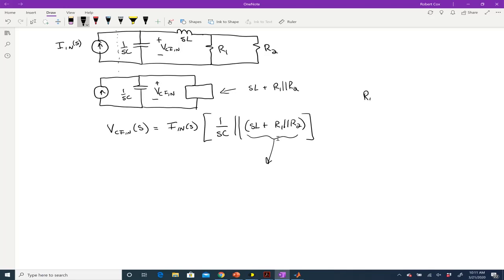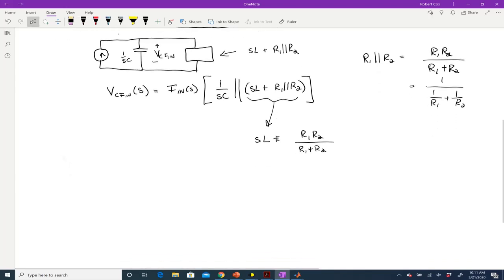Anytime I have 2 things in parallel, it simplifies to this expression; more generally, it's 1 over R1 plus 1 over R2, which simplifies to the expression above. So this becomes SL plus R1 R2 over R1 plus R2.